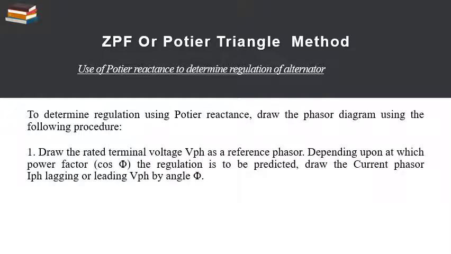Number 1, draw the rated terminal voltage VPH, called the phase voltage, as a reference phasor. Depending upon at which power factor cos phi the regulation is to be predicted, draw the current phasor IPH lagging or leading VPH by the angle phi.